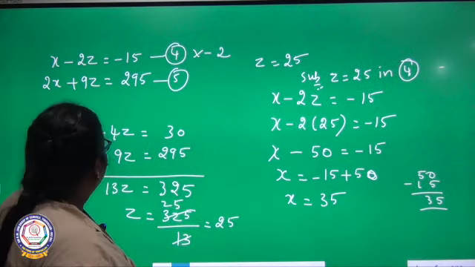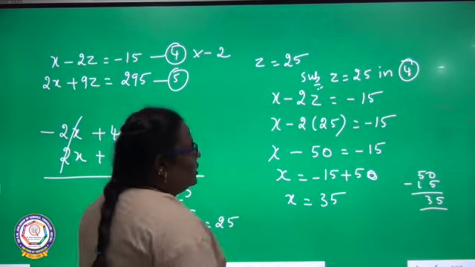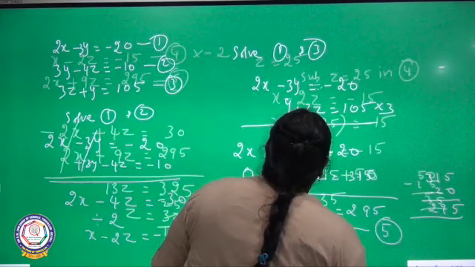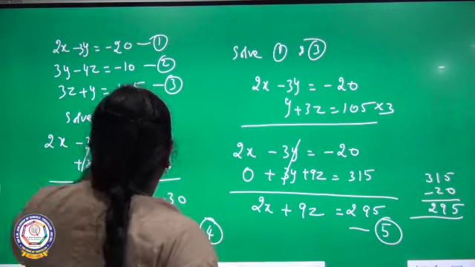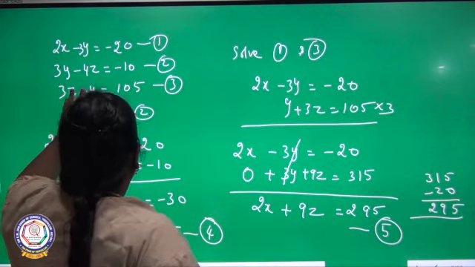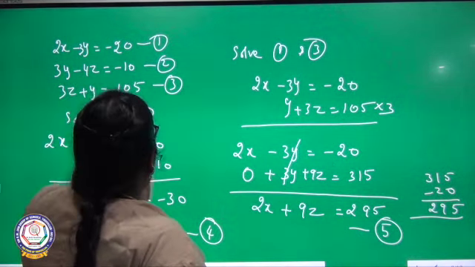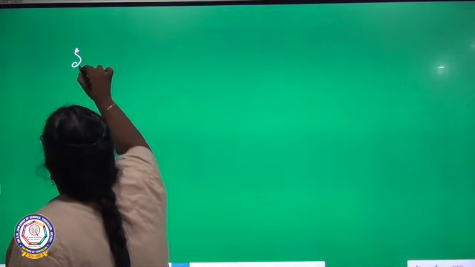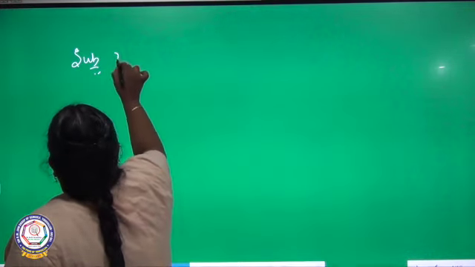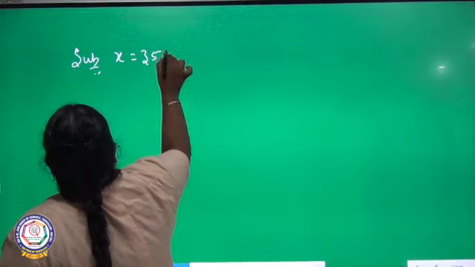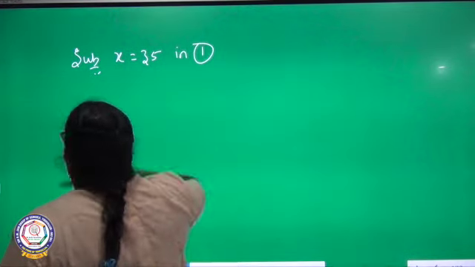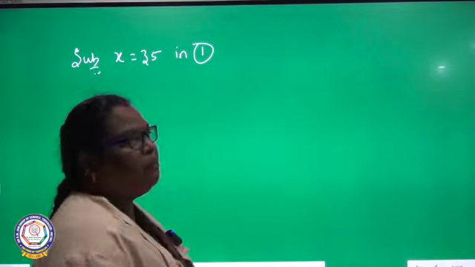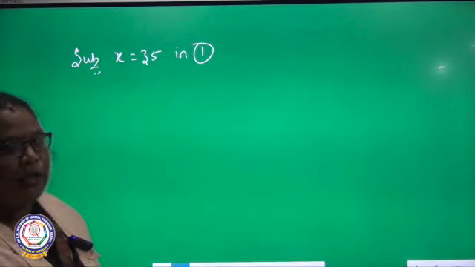Substitute x equal to 35 in any one of the equations and you can get the value of y. You can choose the simple equation, it is easy for you.